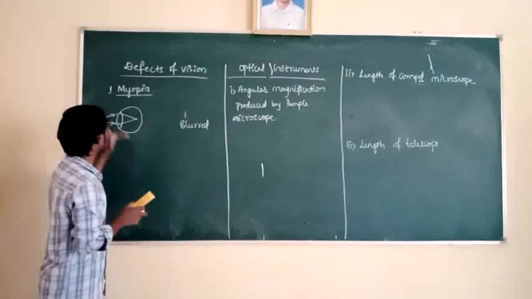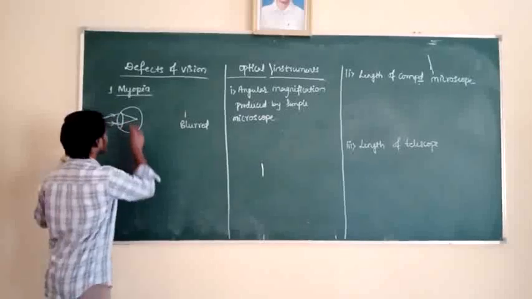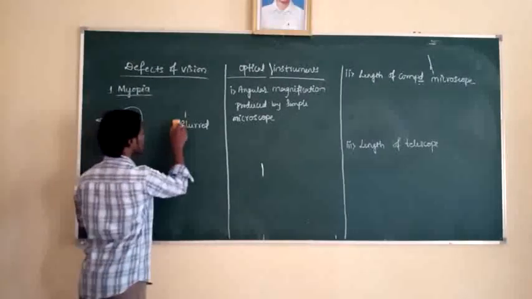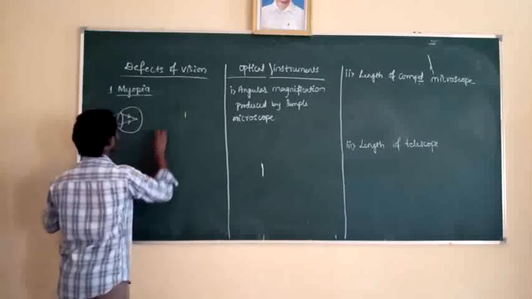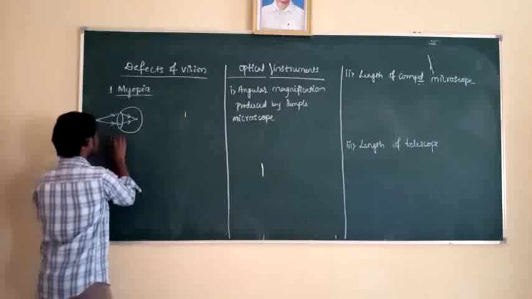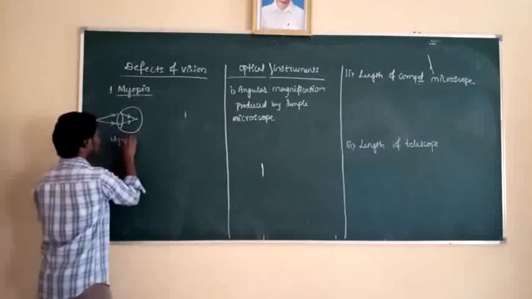So how to overcome this defect? We have to use a lens. That lens is a concave lens. This is called myopic eye.